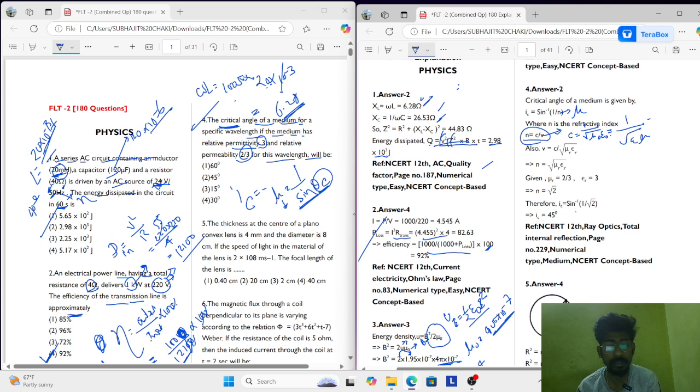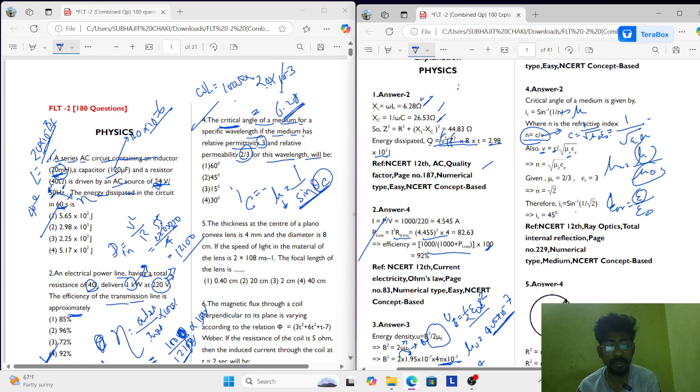Okay, so v is equal to c by root of mu r epsilon r, right? What is mu r? Mu r is mu by mu naught. Mu is the permeability of the medium, mu naught is the permeability of vacuum, and epsilon r is what? Same, epsilon by epsilon naught, permittivity of the certain medium, permittivity of vacuum.